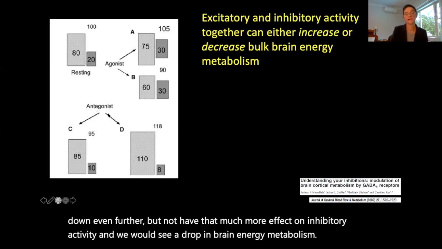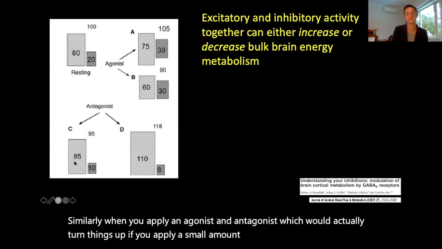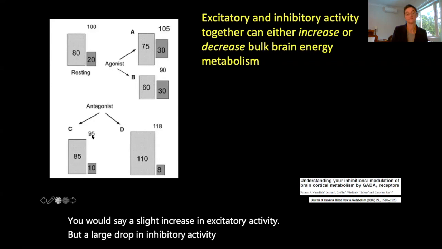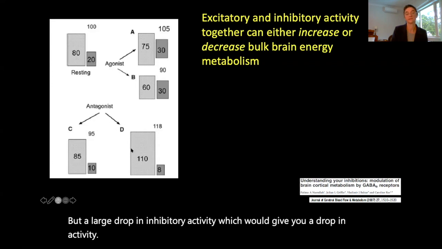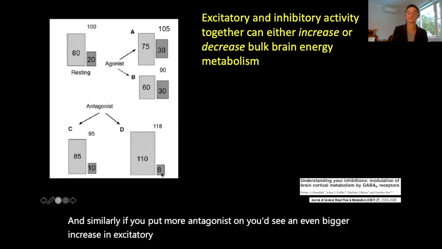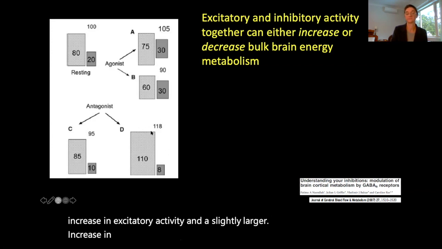Similarly, when you apply an antagonist, which would actually turn things up, if you apply a small amount of antagonist, you would see a slight increase in excitatory activity, but a large drop in inhibitory activity, which would give you a drop in activity. And similarly, if you put more antagonist on, you'd see an even bigger increase in excitatory activity and a slightly larger decrease in inhibitory activity, which would give you an overall activation.